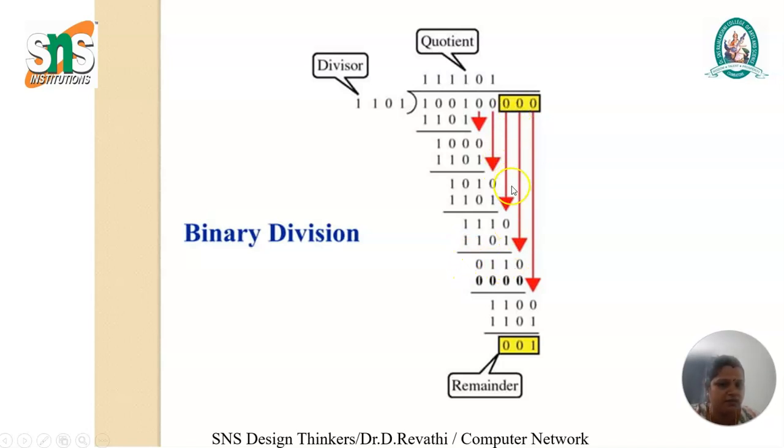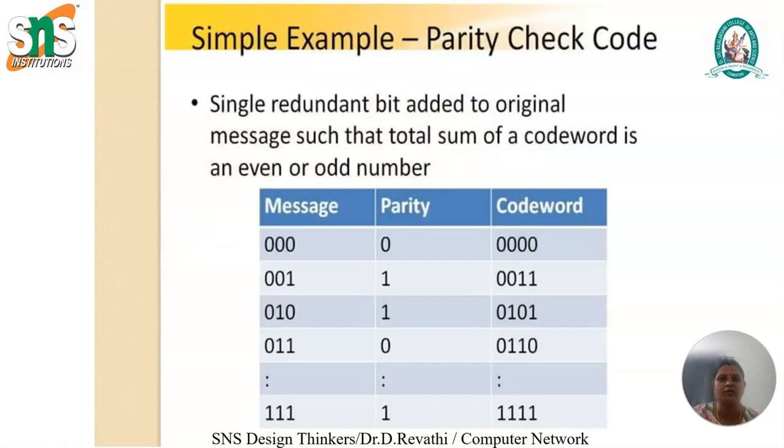We bring down another 0, and it is divided by 0 times, and it becomes 1100, which is divided with 1101. Now the remainder becomes 001. Here we accept the CRC value as 001.